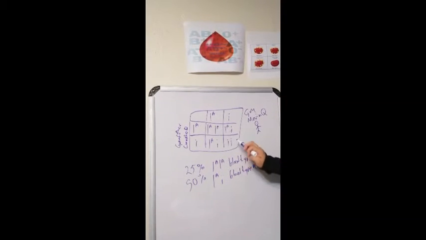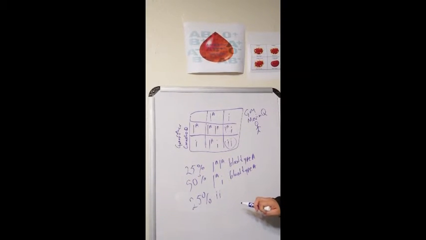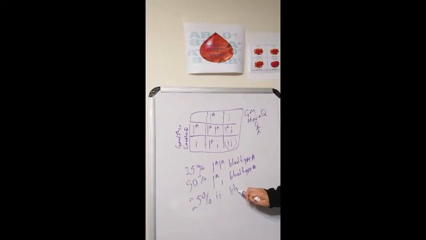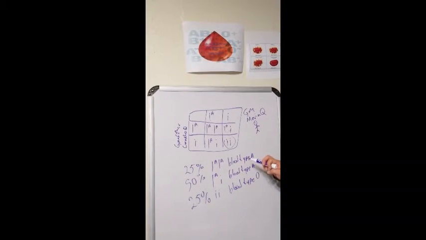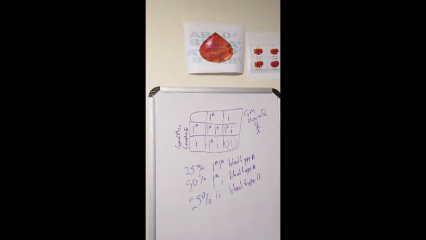And also, it can be 25% recessive, which is written like this, little i, little i, and this is blood type O. So remember, homozygous means the same, and heterozygous means different. So from this, my mother inherited the heterozygous, which is the A blood type.